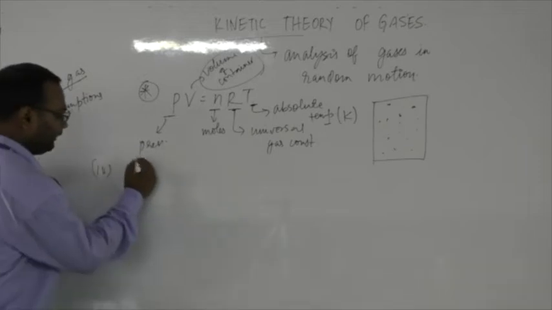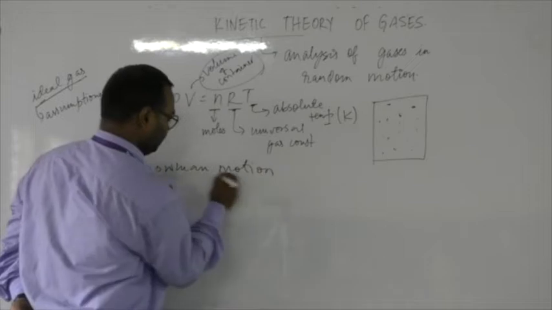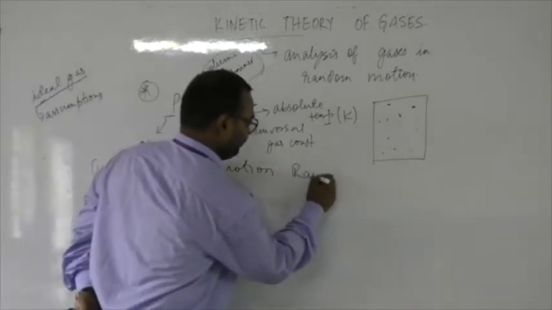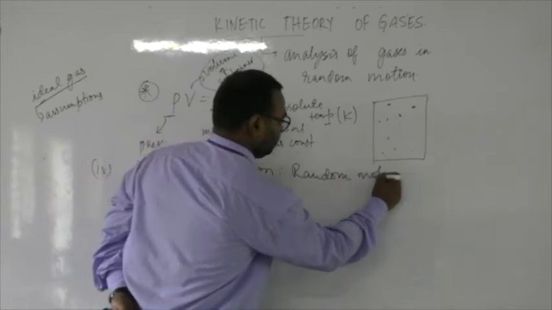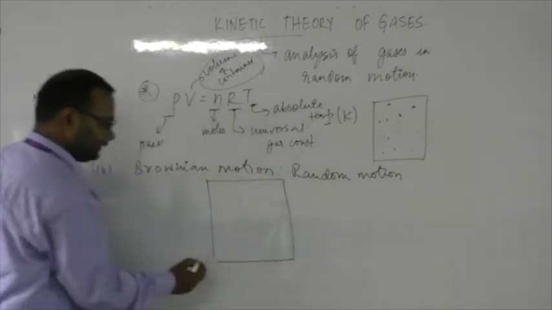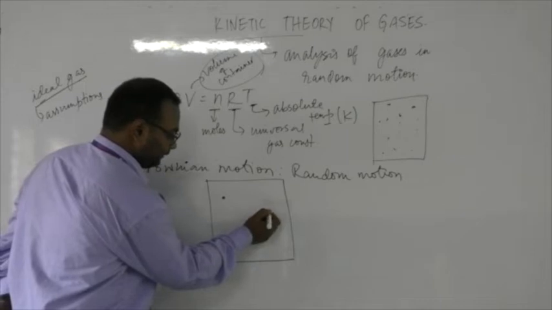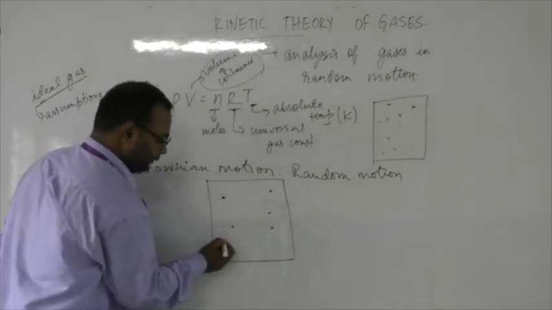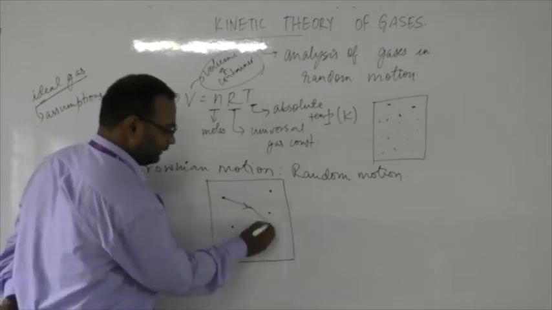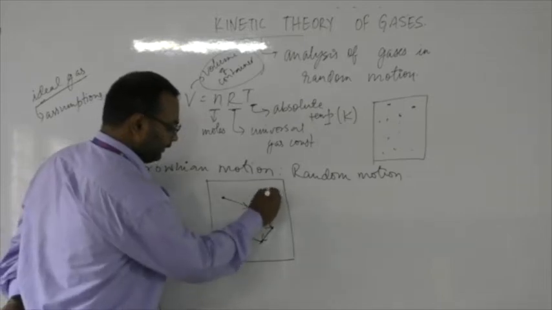Now, fourth is they have Brownian movement, or they have Brownian motion. That means a random motion. Like we cannot define direction of motion of gas, where they will go. Like several gas particles, if I assume here, this gas may go like this, then they collide here, they come here, they go there.